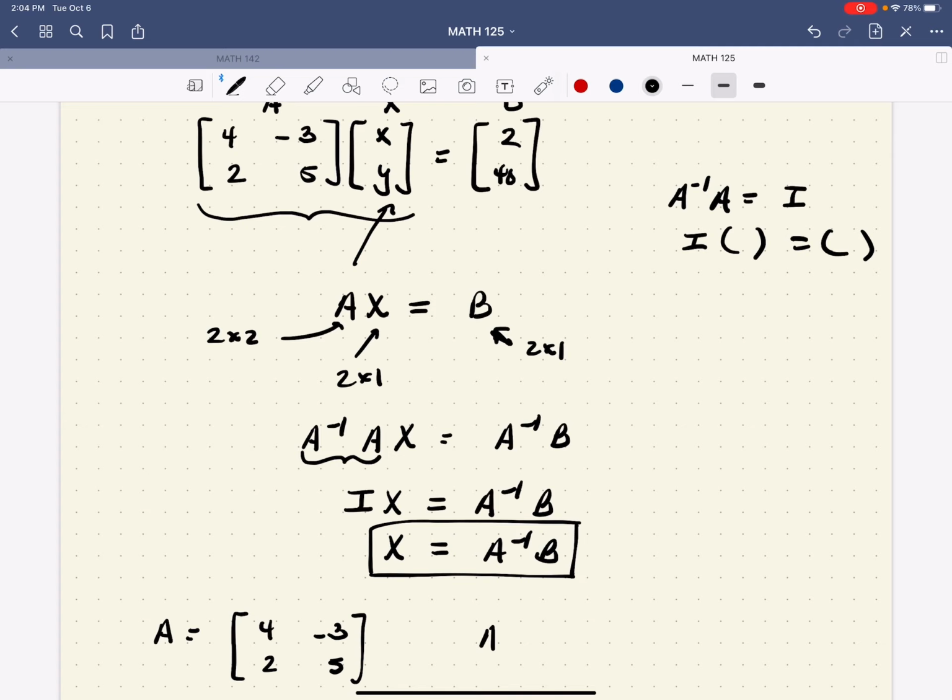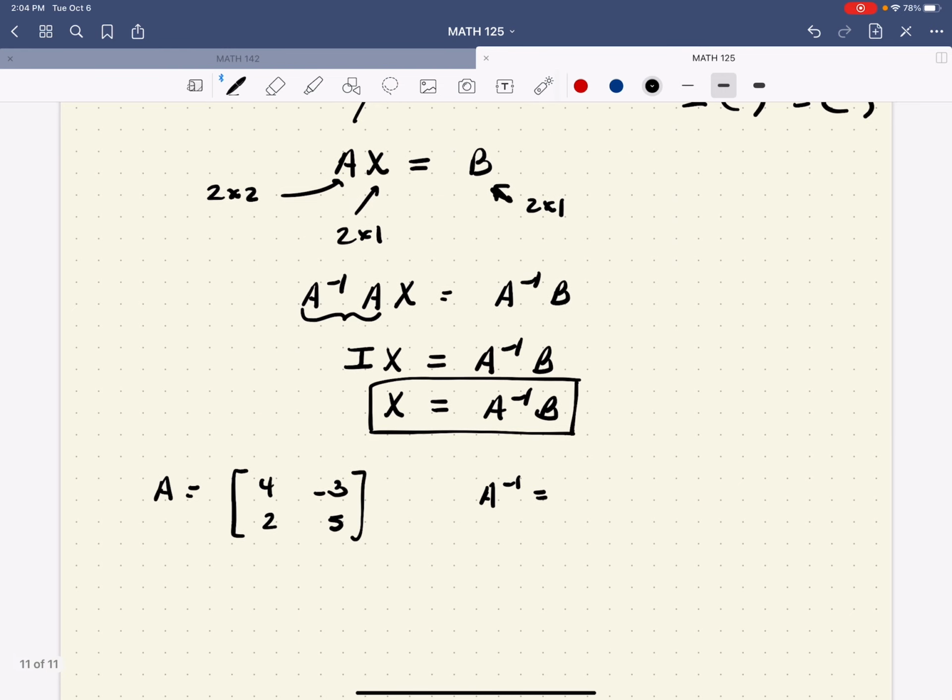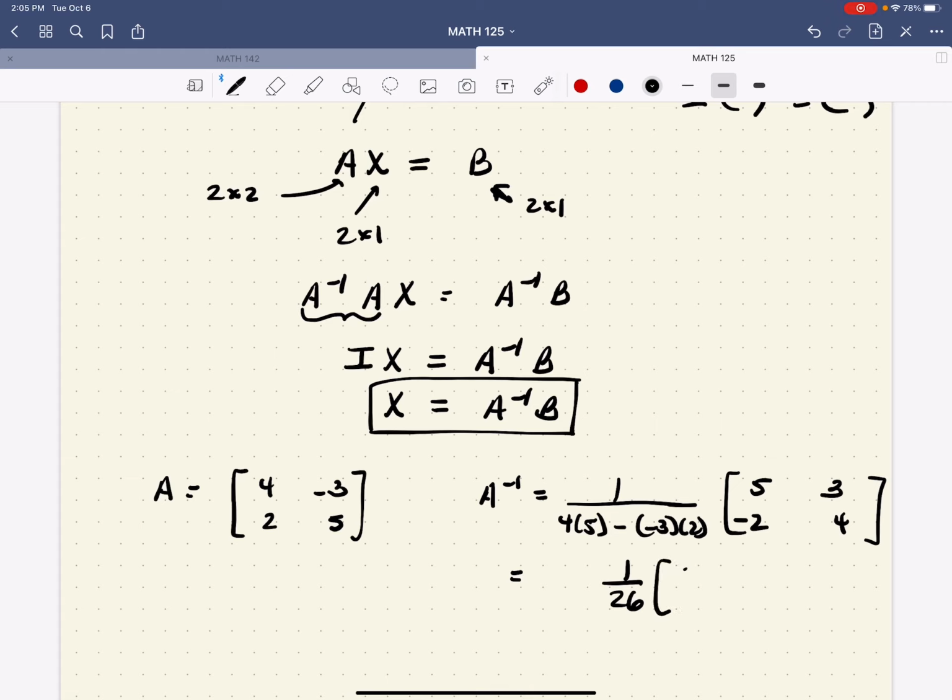I'm going to use the shortcut formula to find the inverse of the matrix, which was 1 over the product of the main diagonal, 4 times 5, minus -3 times 2, times another matrix where we interchange the main diagonal and flip the signs of the other diagonal. Resimplifying, it's 1 over 26 times [5, 3; -2, 4].